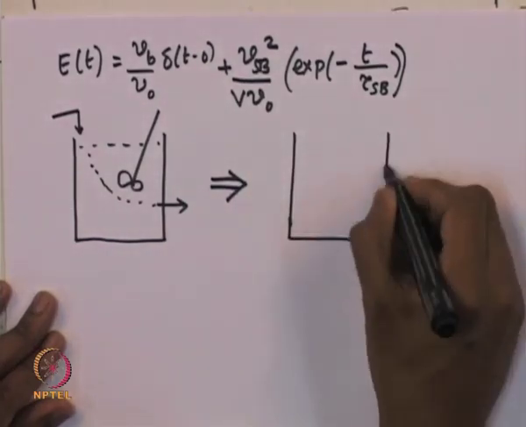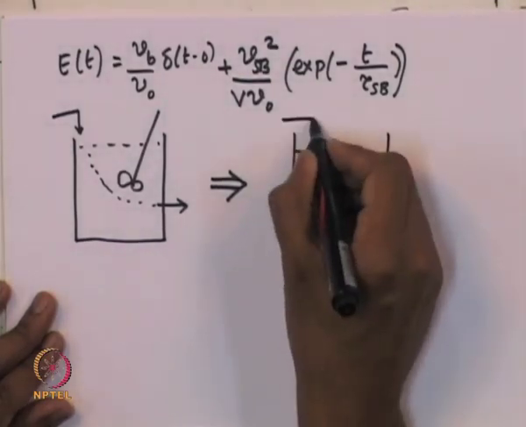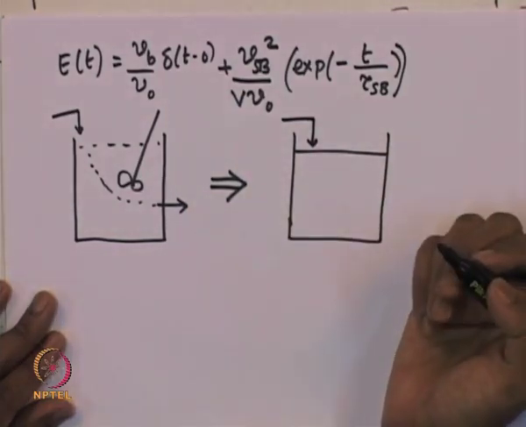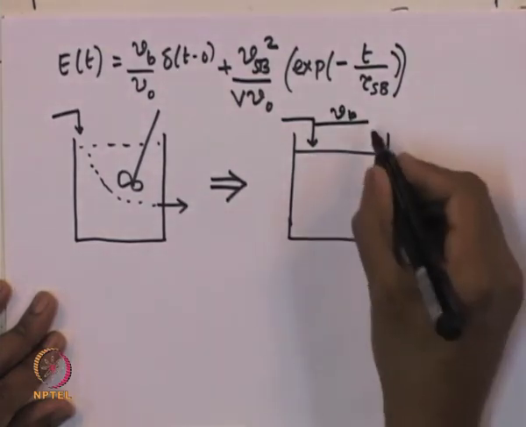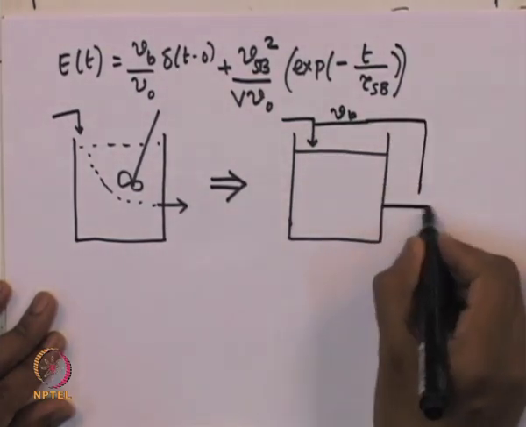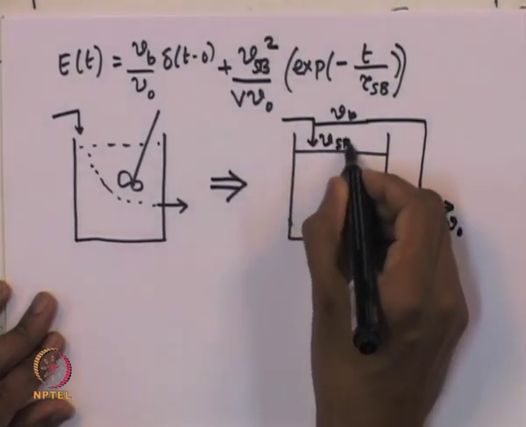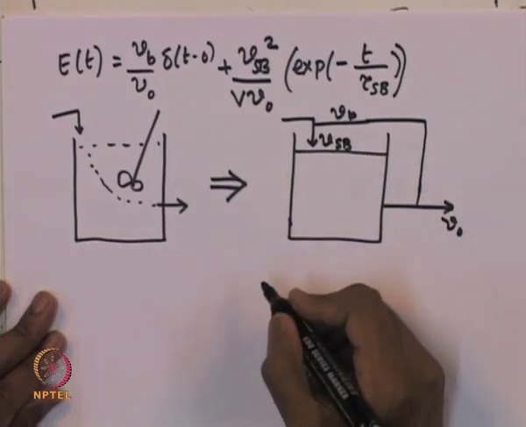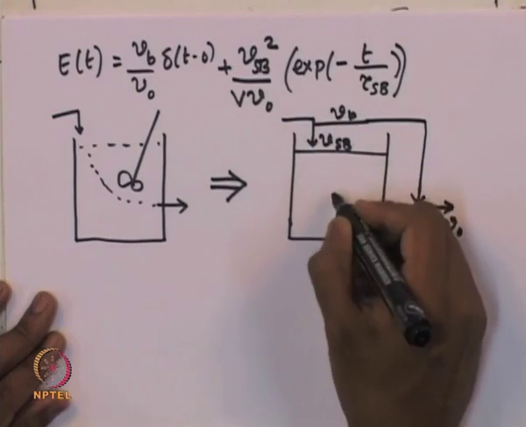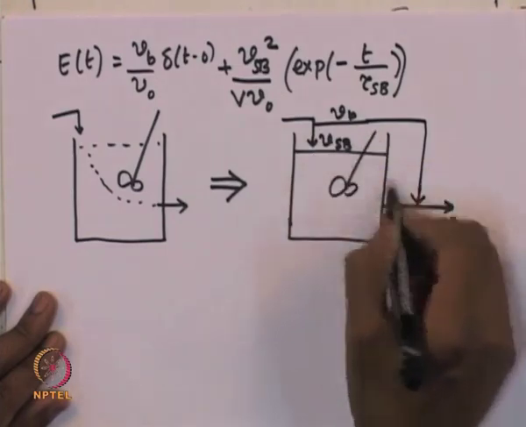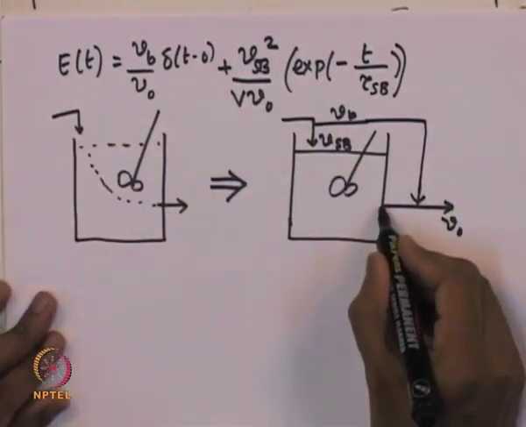Suppose here is a tank, and the inlet fluid stream is split into two parts, where there is a bypassing component VB, which directly joins the exit stream, and only a fraction of the inlet fluid stream, which is the volumetric flow rate VSB, enters the CSTR and participates in the same volume which is available otherwise, and leaves the reactor.